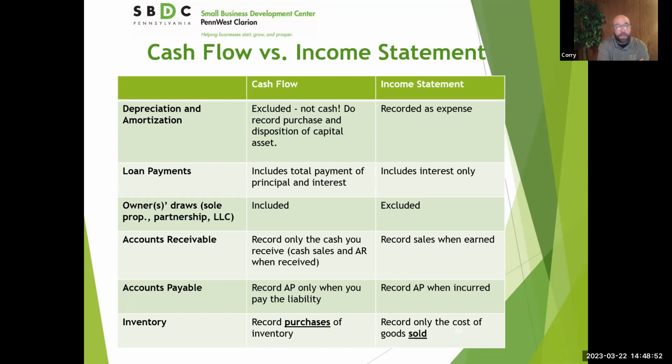On the income statement, it does show up. That's where depreciation and amortization will show up. Your loan payment, I talked about that a little bit ago. The principal and the interest will show up on the cash flow because when you make a loan payment, that includes principal and interest. However, on the income statement, only the interest shows up.